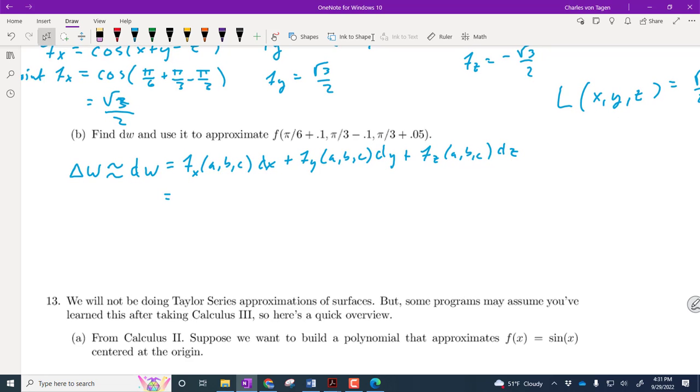So notice that this part is exactly the same as before for our problem. That's taking the partial derivative with respect to x and evaluating it at our point. So that's still going to be the square root of 3 over 2. And in this case, our differential x is this 0.1 here. Everyone see where I got that 0.1 from?